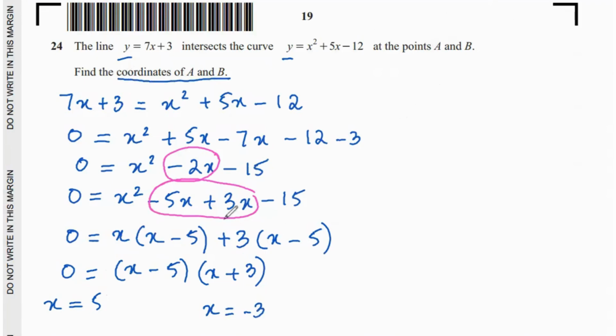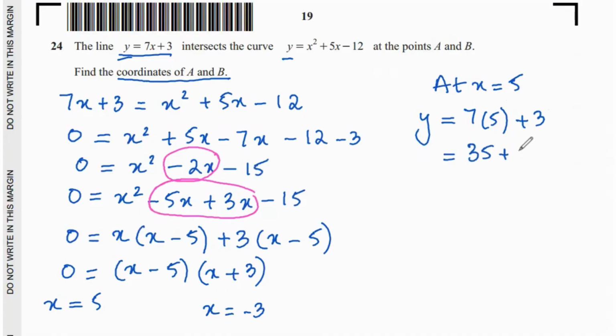They want the coordinates. Now we have to find the corresponding y values. For this, I'm going to use the linear equation because that makes the calculation easier and less time consuming. So at x equals 5, y equals 7 times 5 plus 3. That's 35 plus 3 and that's 38.